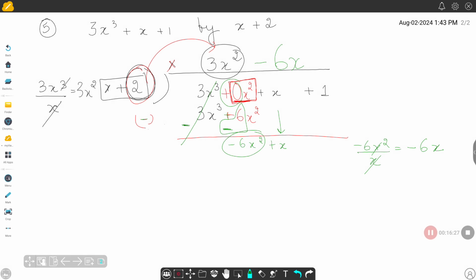So now multiply x plus 2, that is the divisor, by minus 6x. So x into minus 6 will be minus 6x square, and then positive 2 into minus 6 will be negative 12x.